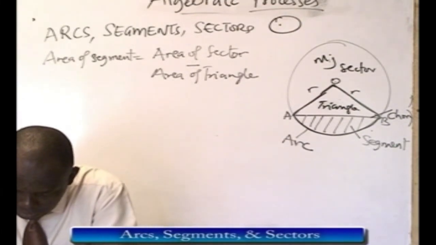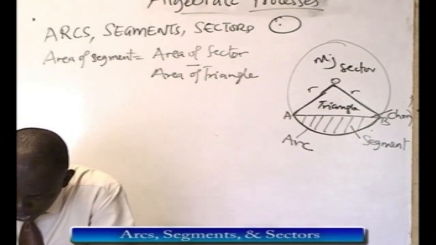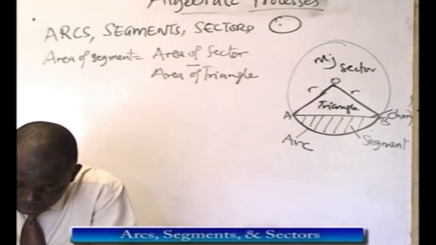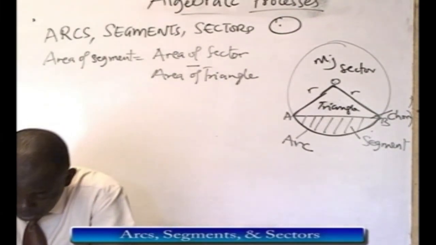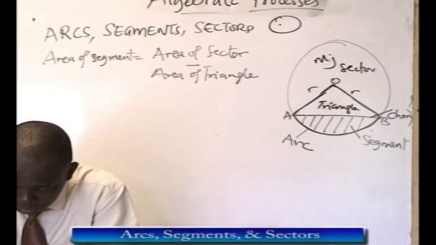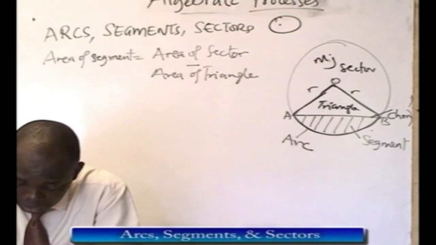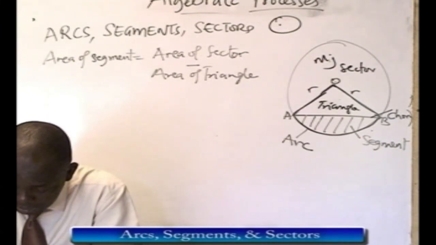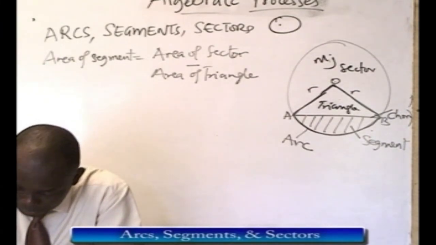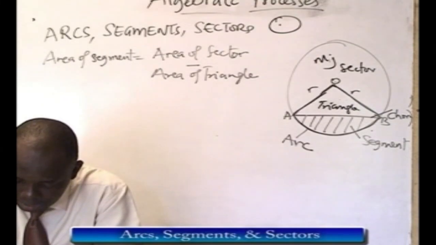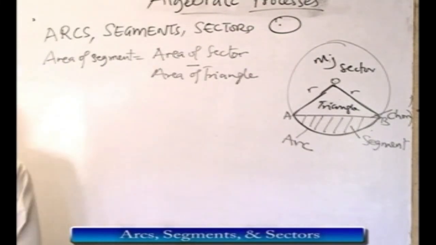Now the question says we should determine the area of a segment, in which case it subtends an angle of 90 degrees at the center, and the radius is 7 centimeters.